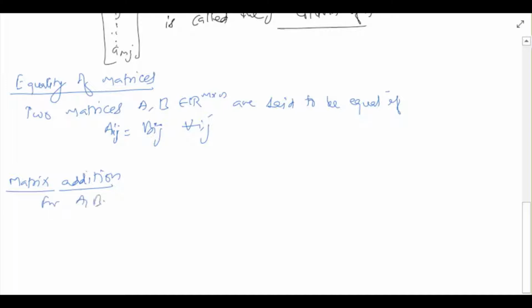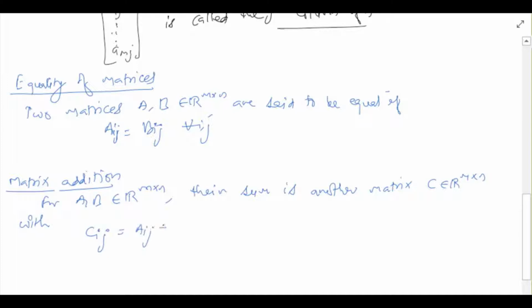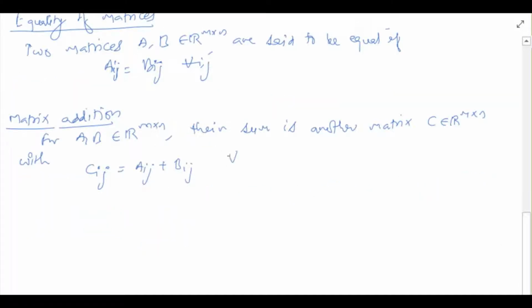For A, B that are m cross n, their sum is another matrix C, with Cij, that is the ijth element of C, being the sum of the ijth element of A and the ijth element of B. This is for all ij.